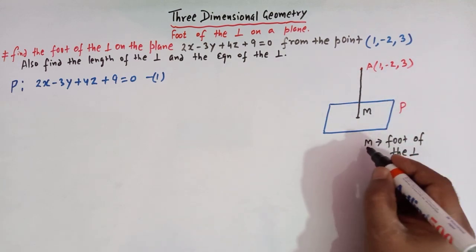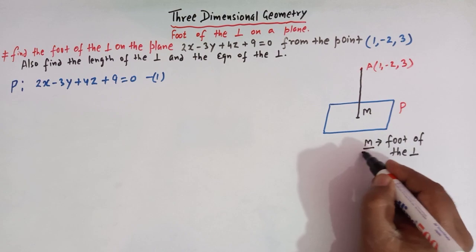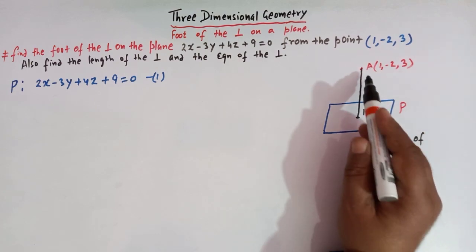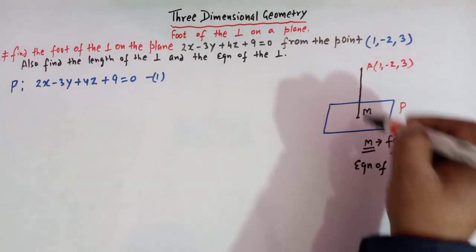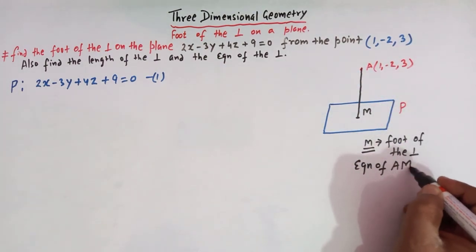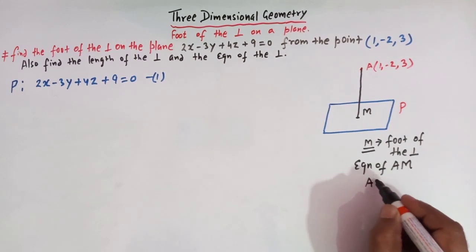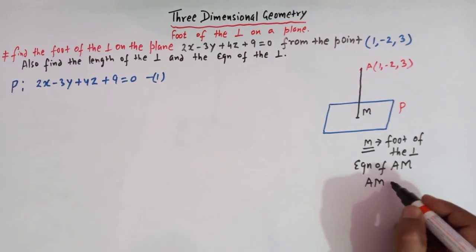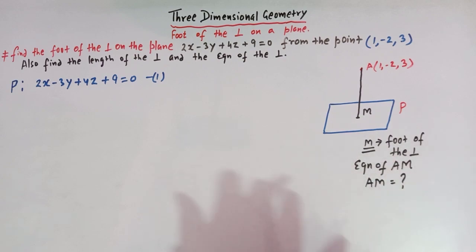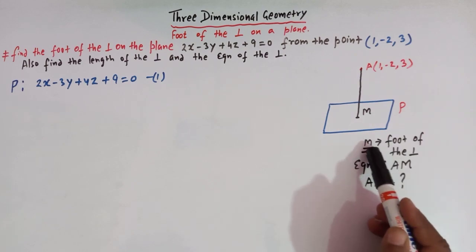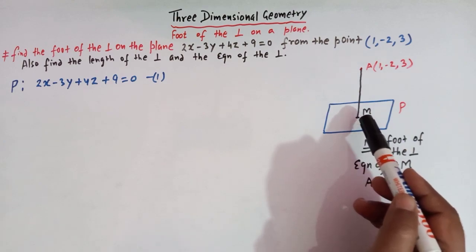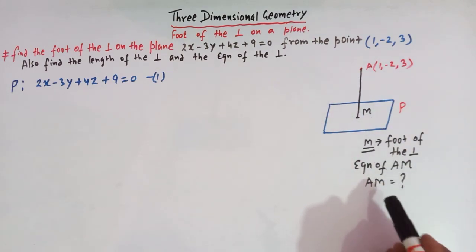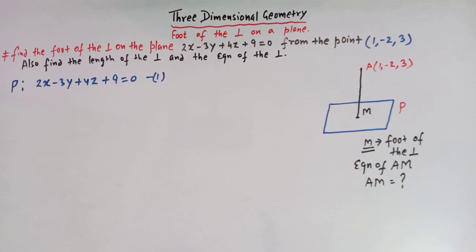So we have to first find the coordinates of this point M, then we will find the equation of this perpendicular line AM, and then we will find the length of this perpendicular AM. So we have to do three tasks here: first the coordinates of this point M, then the equation of this perpendicular AM, and then we will find the distance AM.